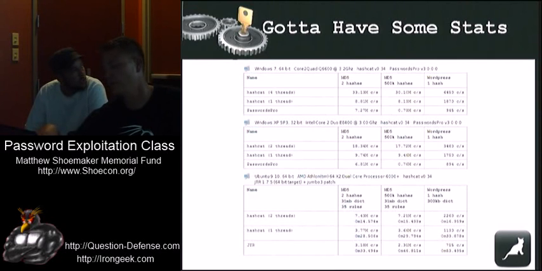And this is on a Windows 7 64-bit, in case anyone can't see, Core 2 Quad Q6600. And so Hashcat running on 4 threads obviously is 4 times faster. So Passwords Pro does 7.27 million keys per second, and this is only on 2 hashes. And then Hashcat does 33.1 million keys per second, which is significantly faster.